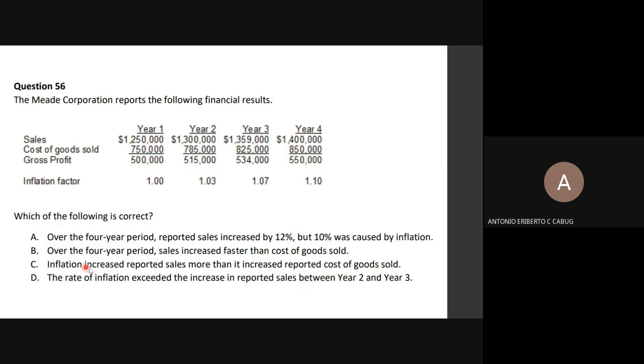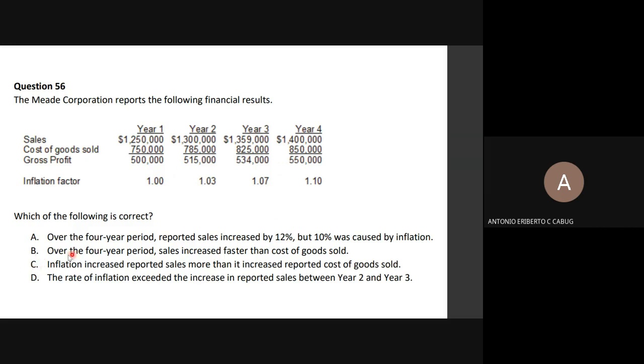Actually, the increase in COGS is higher. If you look at the sales, it's only a 10% increase. If you look at the cost of goods sold, 100 divided by 750, that's 13.33%. The sales only increased by 12%.